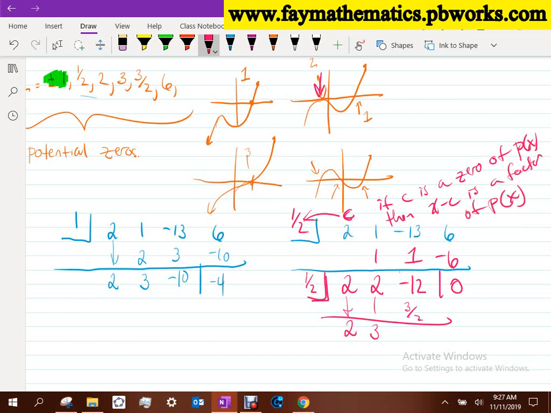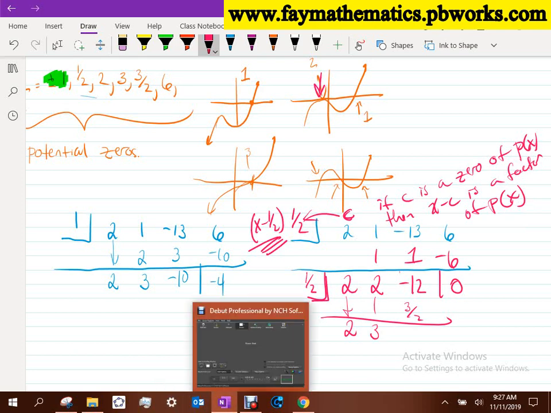That was the theorem from last week. So 1/2 works. So X minus 1/2, that's a factor. Is that okay with everybody? We're good? Those of us who are not taking notes, we're going to be all right with that? Okay, this process gets pretty stringent here in a little bit.